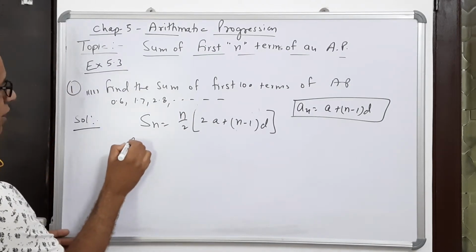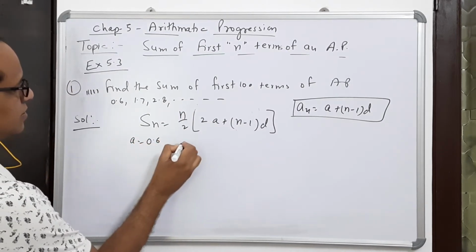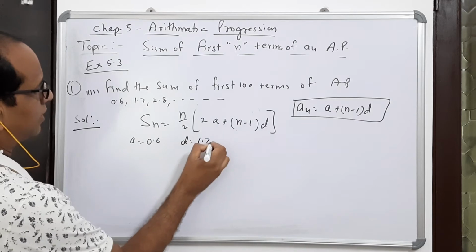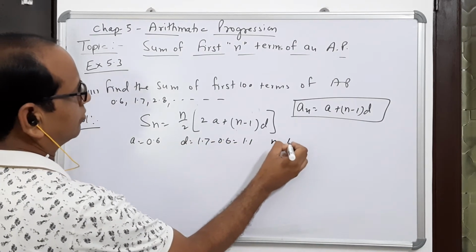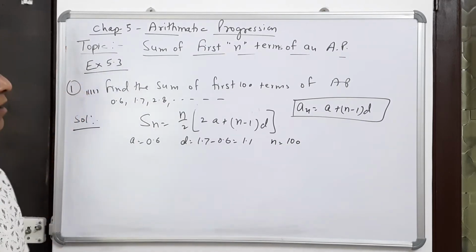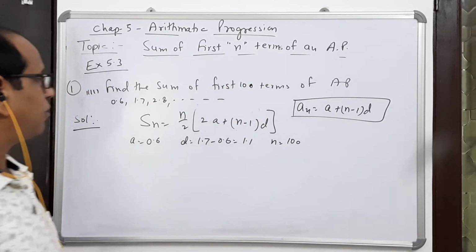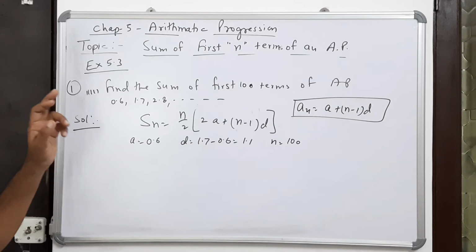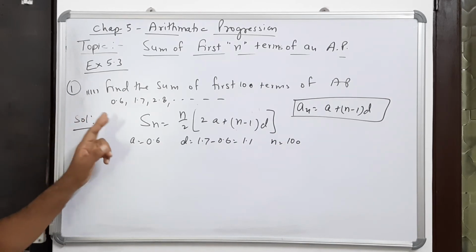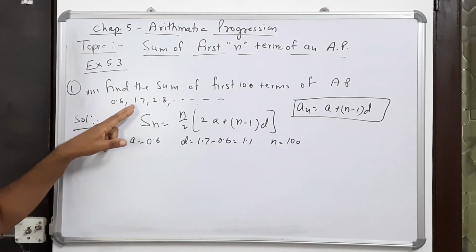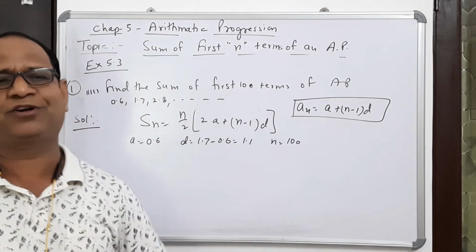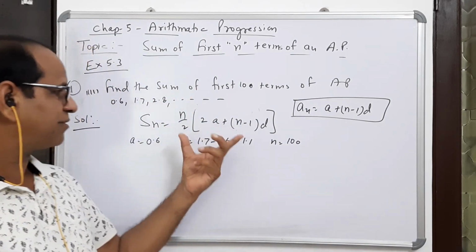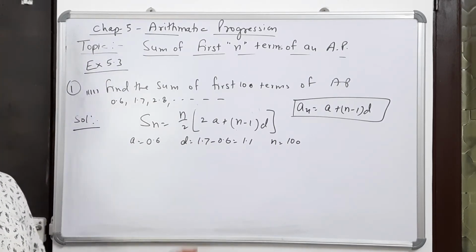So in this, the value of a is 0.6, the value of d is 1.7 minus 0.6, that is 1.1, and the value of n is 100 terms. Now practically you see, it is very difficult if you have 0.6 plus 1.7 plus 2.8 like this, up to 100 terms. But if you use the formula, you will see that within seconds we will get the answer.